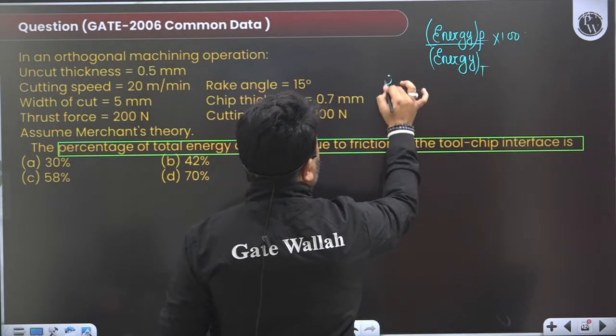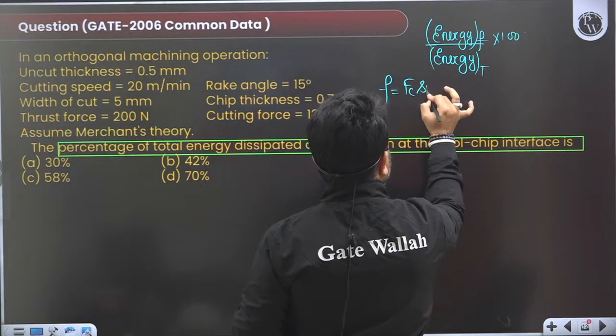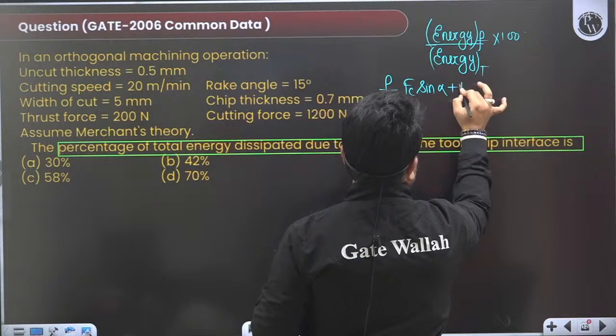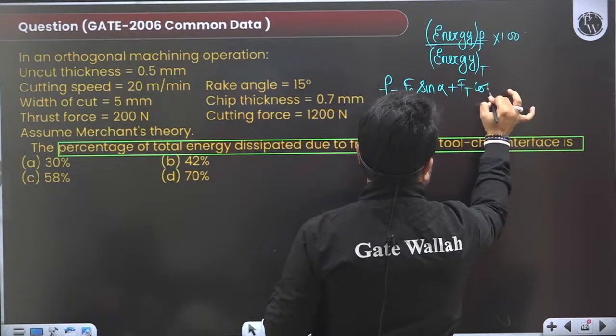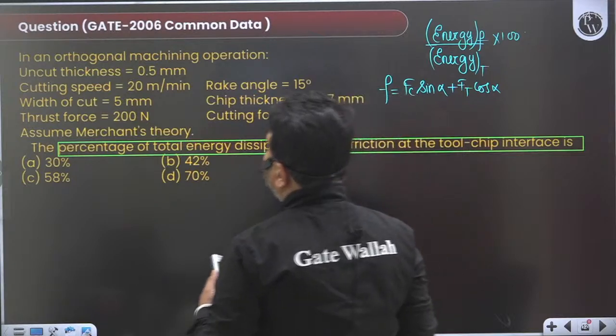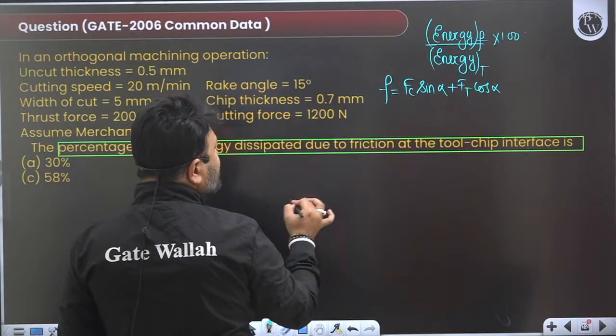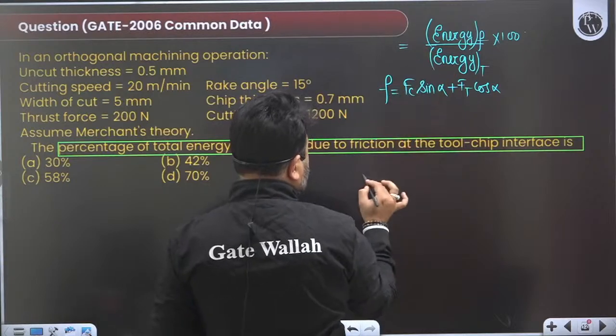So we need to find the friction force, that is Fc sin alpha plus Ft cos alpha, right? And we need to find the chip velocity also. But I think there is no requirement here.